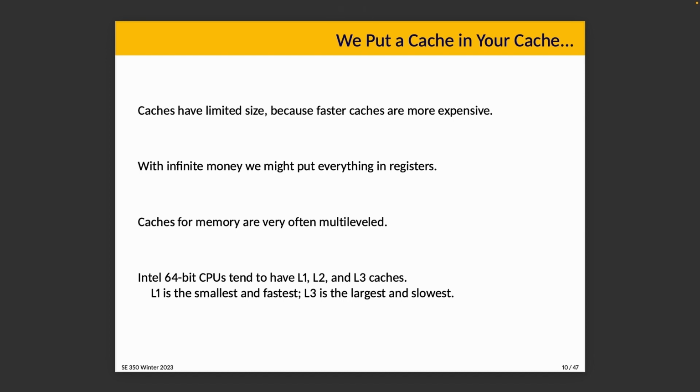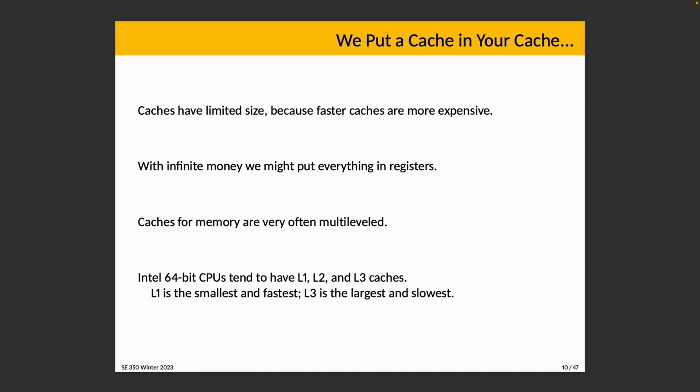Now, caches have limited size because faster caches are potentially expensive, right? With infinite money, maybe we could put everything in registers. There are some physical component limitations for how you place it all on the chip that would make that impractical after a certain point. But I think it is fair to say that if we had more money, we could put more registers, right?